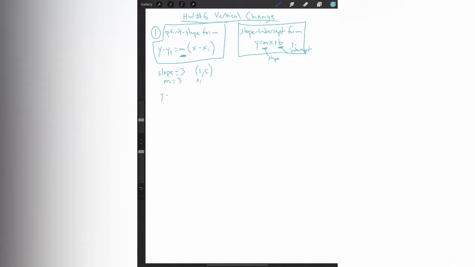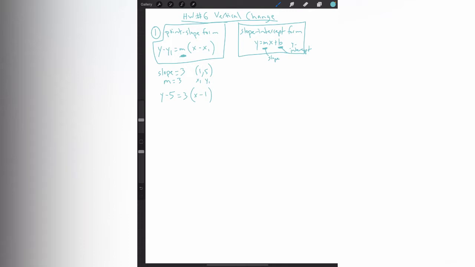Think of this as x1, and think of this as y1, because I don't have an x2 or a y2. That's my x1 and that's my y1. Simple enough. So I'm going to substitute in each of these values into the point slope form. So y1 is 5, right? Is equal to, the slope is 3 times the quantity of x minus, what's x1? 1.